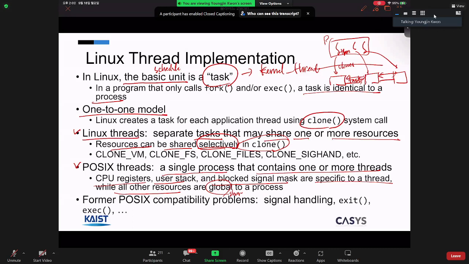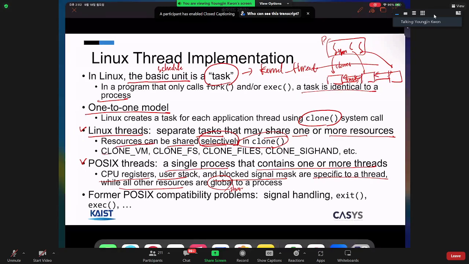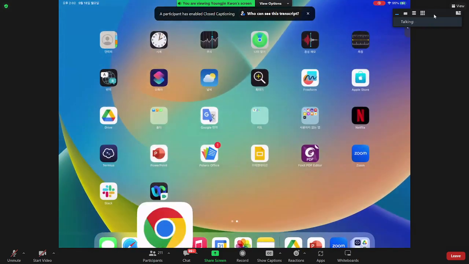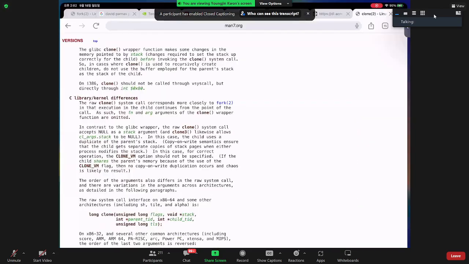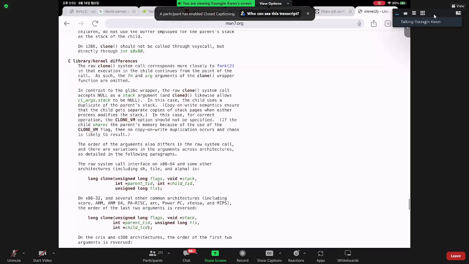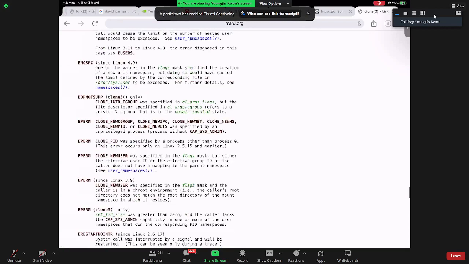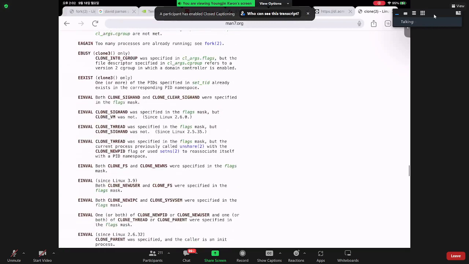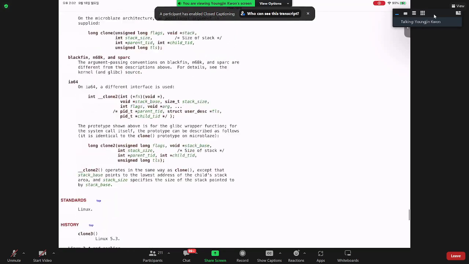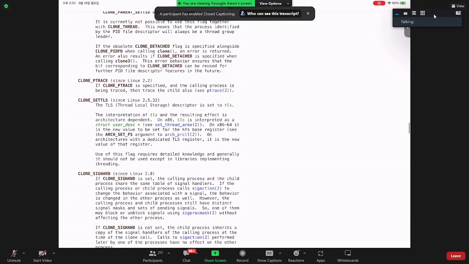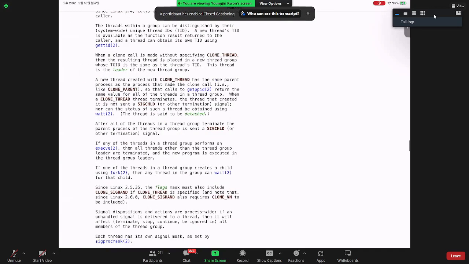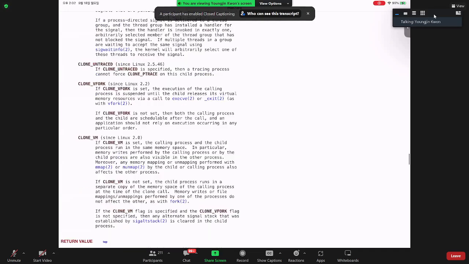Okay. Likewise, look at clone VM. If clone VM is set, then the calling process and child process run in the same address space.